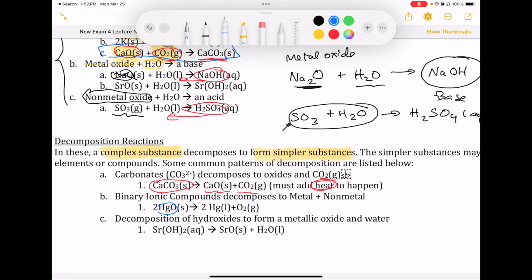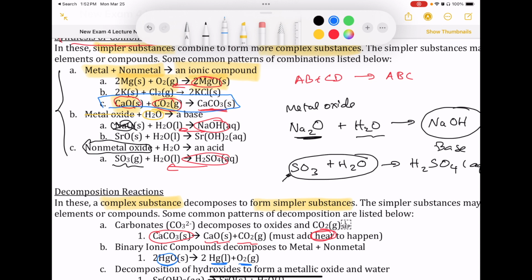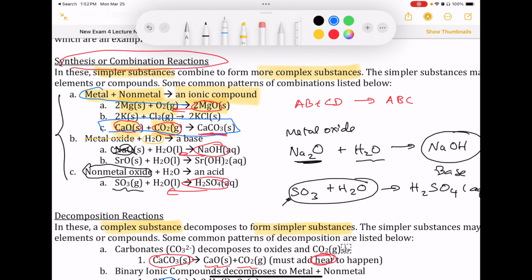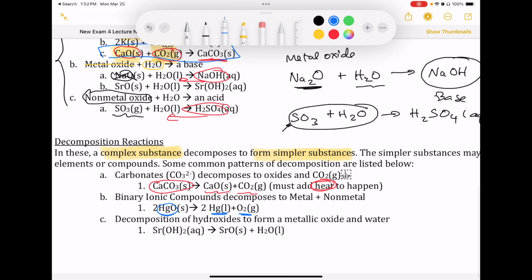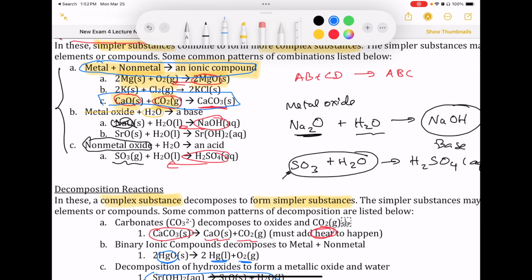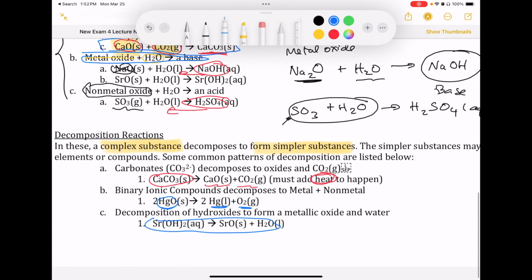Here's an example, mercury oxide, and then we heat it up, and then we get mercury, and then we get oxygen. And that's really just the reverse of this first reaction right here, right? When you take an ionic compound and you heat it, then it becomes metal and non-metal element as a result of it, okay?